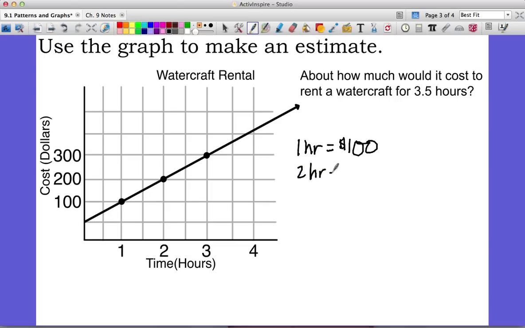For 2 hours, it cost me $200. And then for 3 hours, it cost me $300. So I can tell from my graph that per hour, it's $100. Okay, so that's right here.